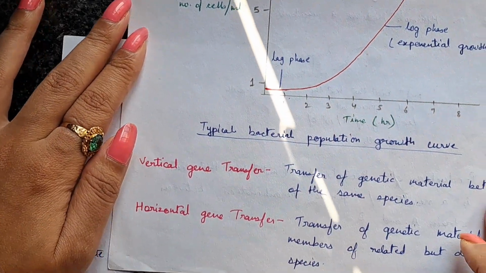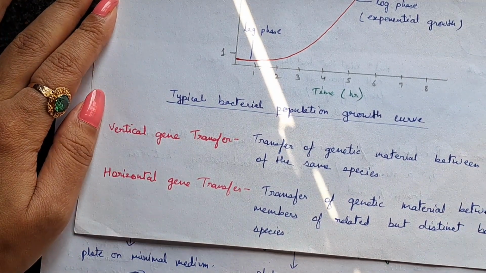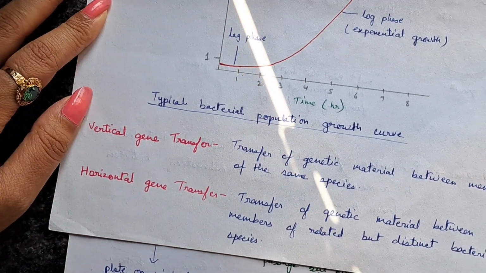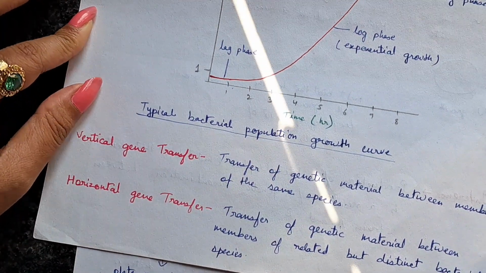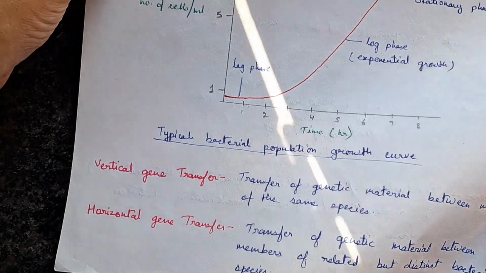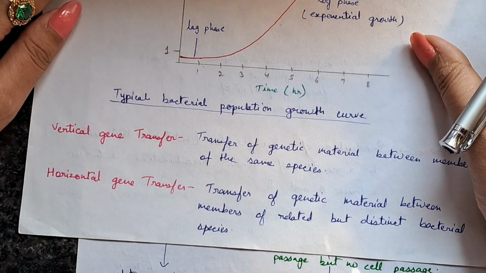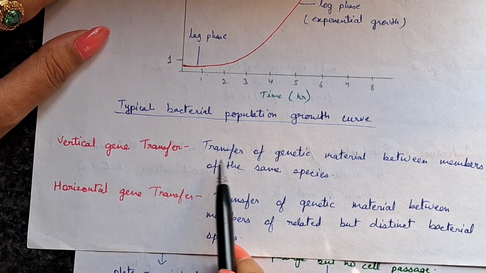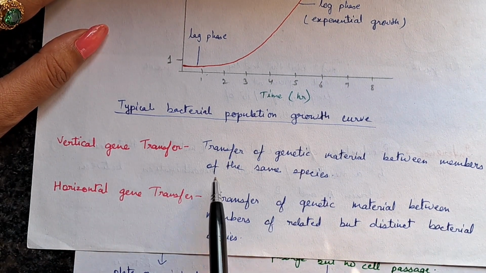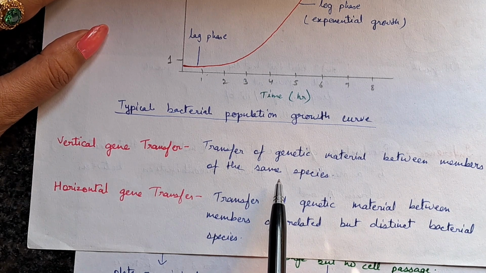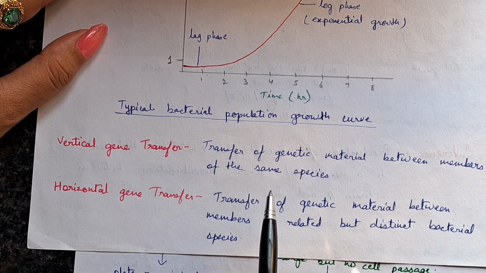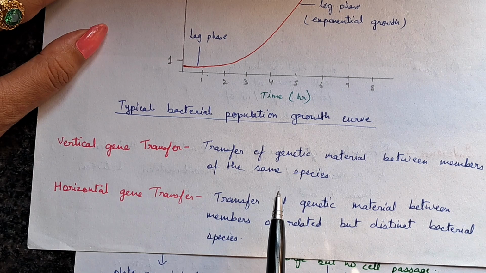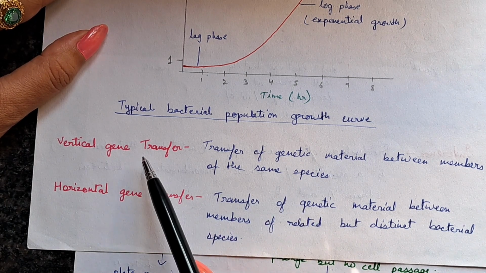Now let's talk a little bit about gene transfer. We have vertical gene transfer and horizontal gene transfer. Vertical gene transfer means transfer of genetic material between members of the same species. For example, if genetic material is passed on from parents to offspring, that is considered vertical gene transfer.